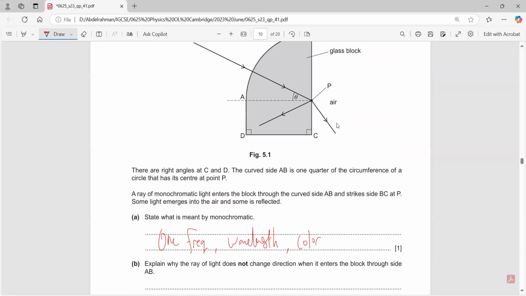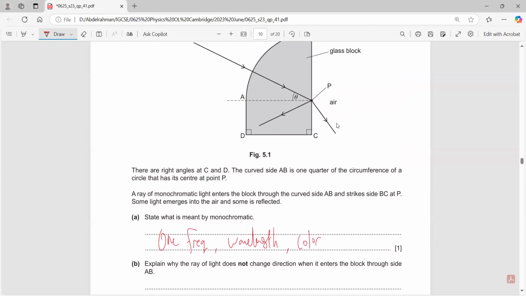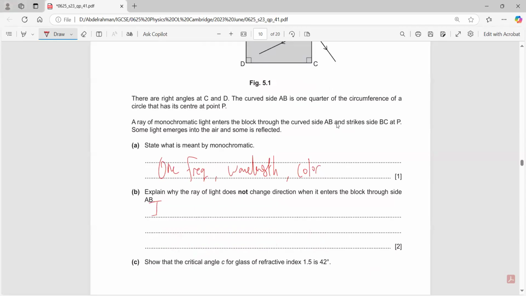Explain why the ray of light does not change direction as it enters through side AB. As it enters through side AB, the angle of incidence is zero, and the angle of refraction is also zero. Why? Because it's perpendicular to the surface.